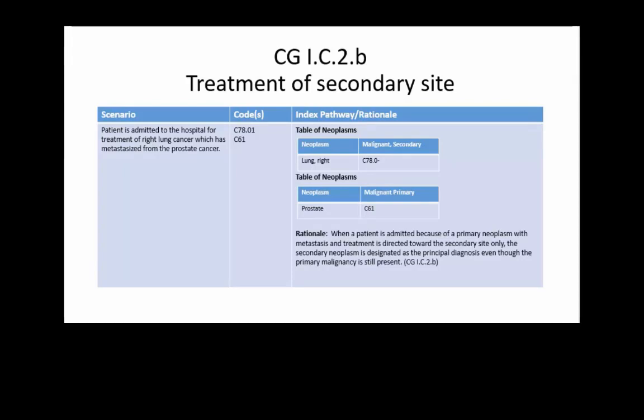So when you go to the table of neoplasms, you're going to look up those neoplasms, taking note that the lung cancer is in the malignant secondary and the prostate is a malignant primary. The dash there after the C78.0 tells you that additional characters are needed. For example, that's just the lung. So the additional character of 1 is needed to identify the right lung.